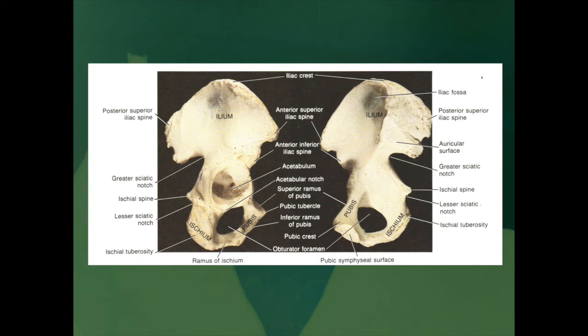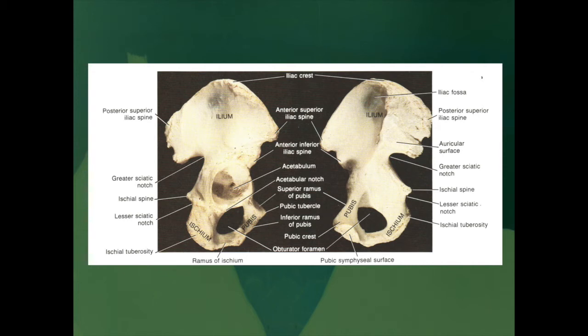Its superior border, the iliac crest, ends anteriorly in the anterior superior iliac spine. So again, you can see the shape and size of that iliac crest, which is a very important attachment point for some of the muscle structures associated with the abdomen and, of course, some of the gross movements of the thigh.